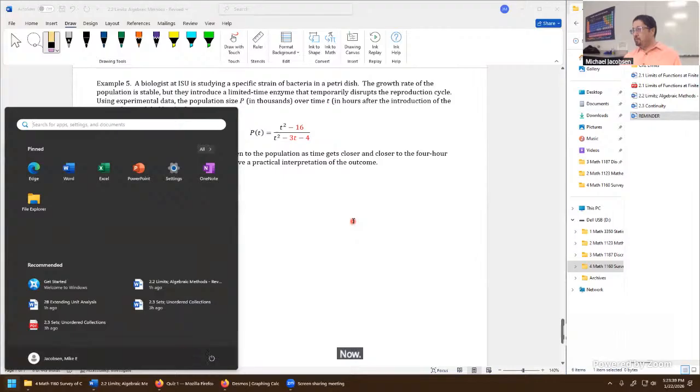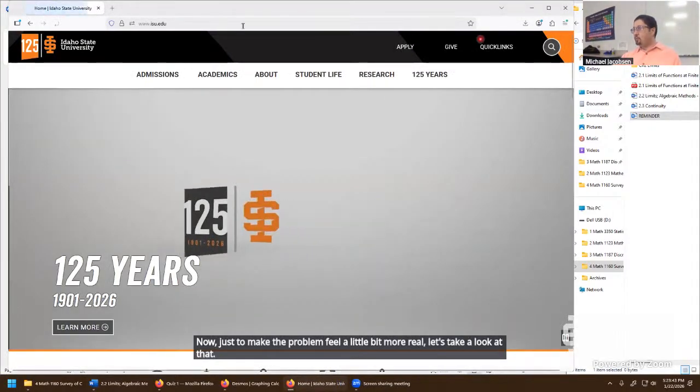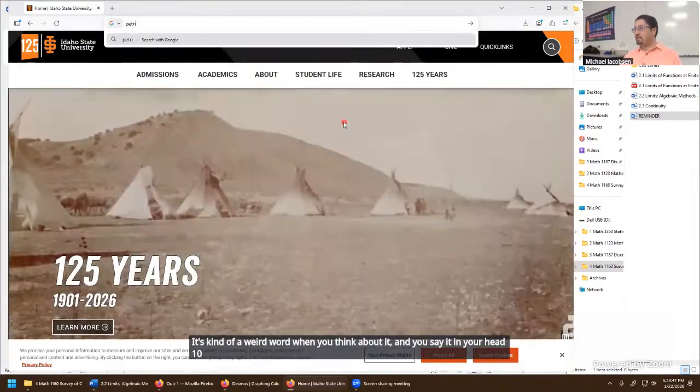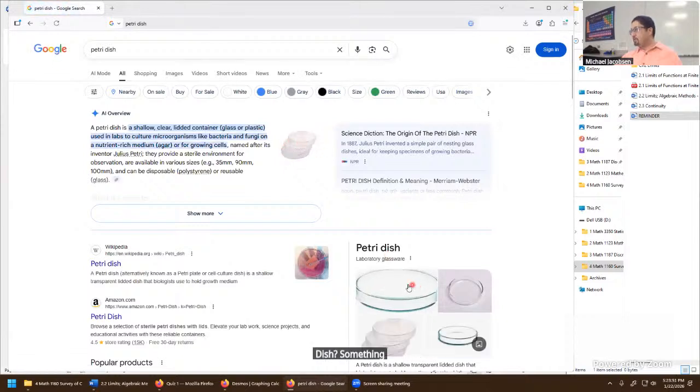Now, just to make the problem feel a little bit more real, let's take a look at that. It's kind of a weird word when you think about it and you say it in your head 10 times. Petri dish. Something like this, these little plates where you have a growth material, you dab your bacteria inside of there, and you watch how it grows. And people can count the exact number of cells in a dish like this.